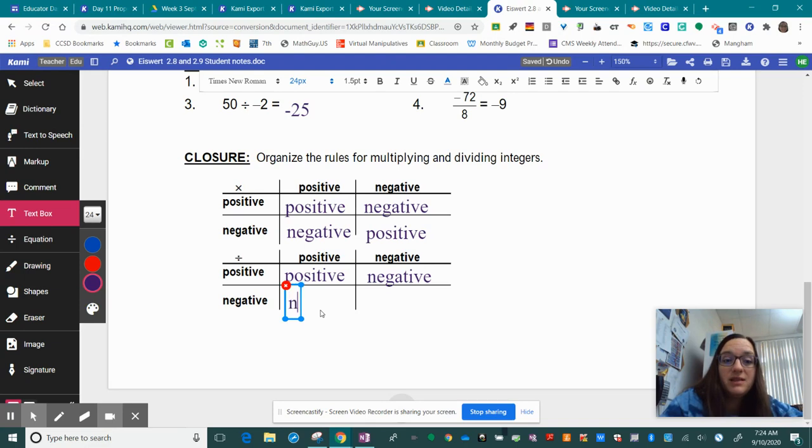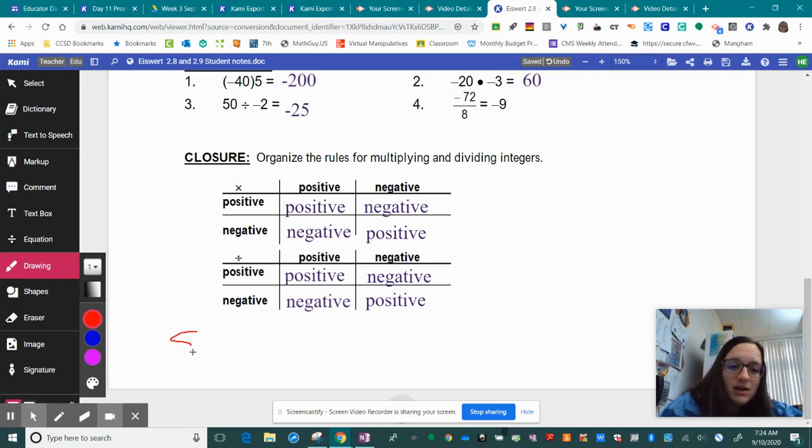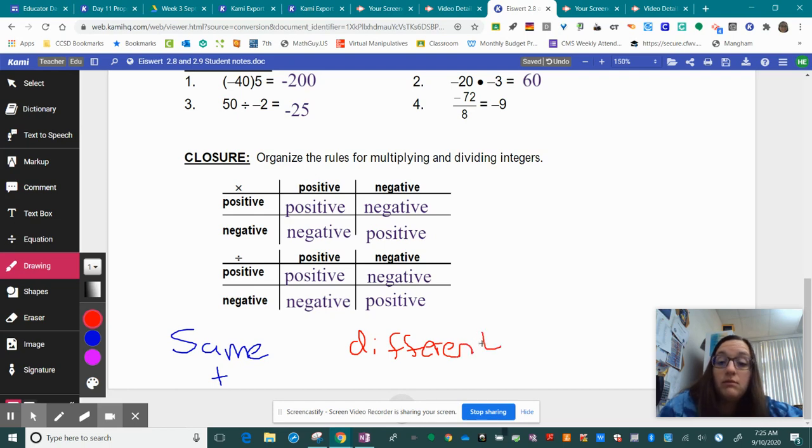When we divide different signs, we get a negative. And then a negative divided by a negative, those are the same signs. Negative divided by a negative makes a positive. Pretty much the main idea. So our main takeaway is our same signs are positive. Then if we have different signs, the answer is going to be negative whenever we multiply or divide.